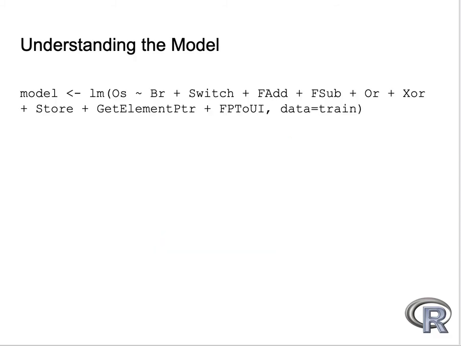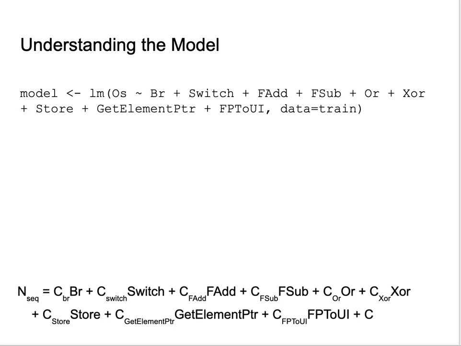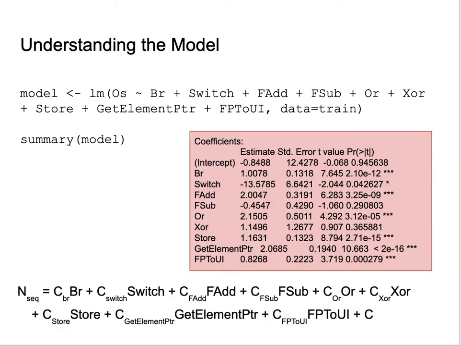Let's take a more detailed look into this linear model. Again, that's important. You need to convince yourself that you've just written in R the equations that you had written before to describe our linear model. We can even see the coefficients using the summary function. So here they are, the coefficients.